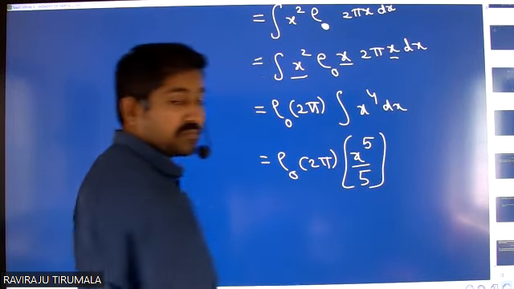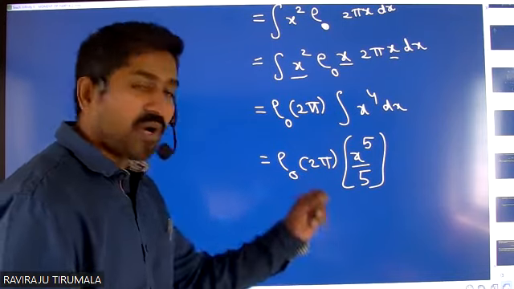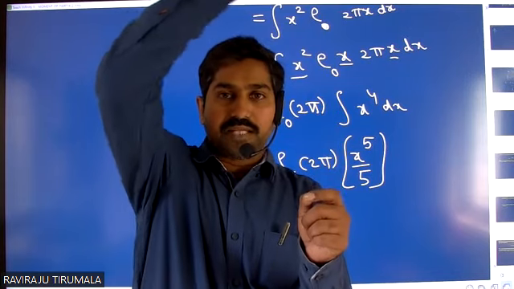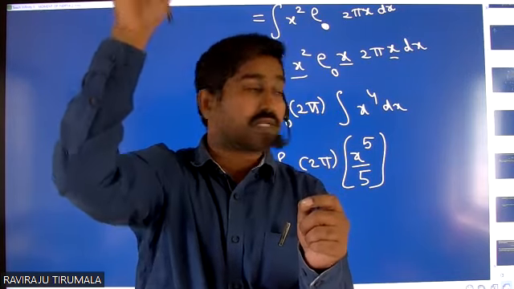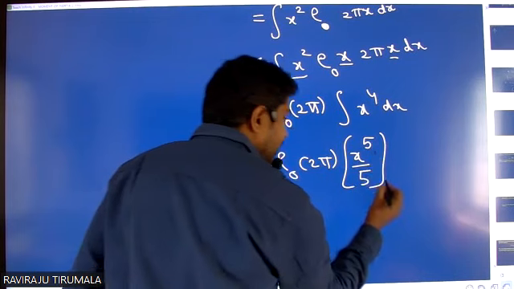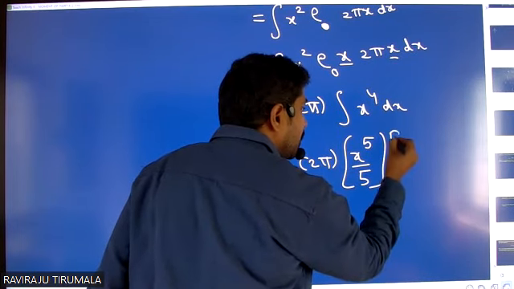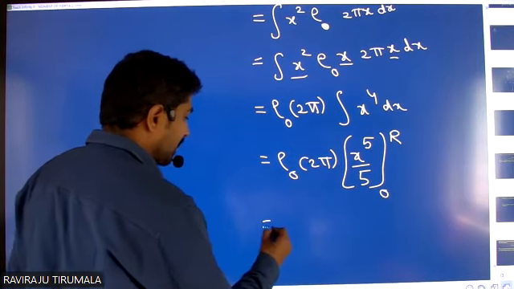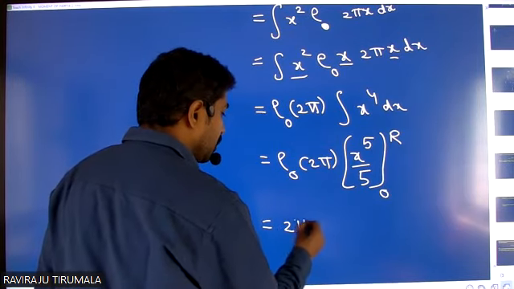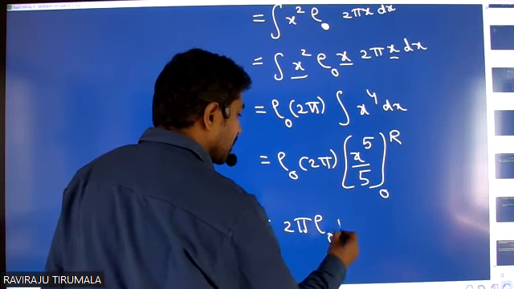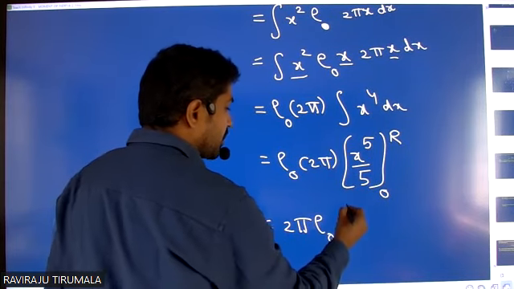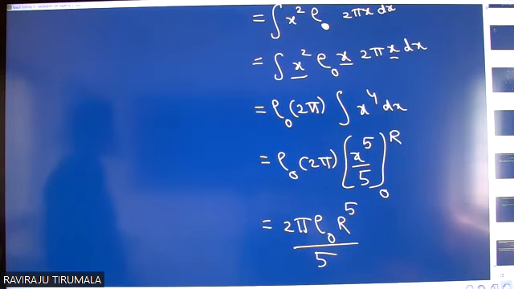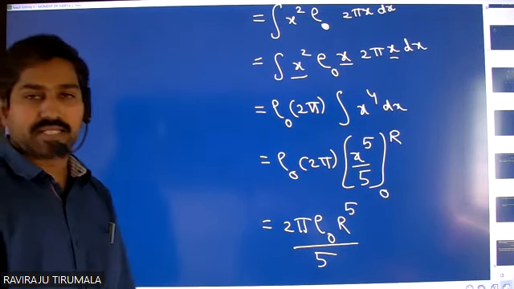The integration from the reference point was taken at center and the disk is till the surface, till the outside circumference. So the x can be taken from 0 to radius of the disk. So then finally what is the formula? 2 pi rho naught, by substituting upper and lower limits here, r power 5 by 5. This is the formula you will get there.